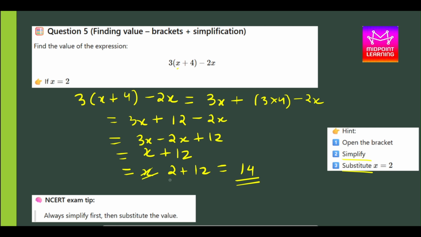Here, whatever would be the value of x, we just have to add 12 to it to get the answer, right? So always remember the exam tip, NCERT exam tip, always simplify first and then substitute the value of the variable, right?